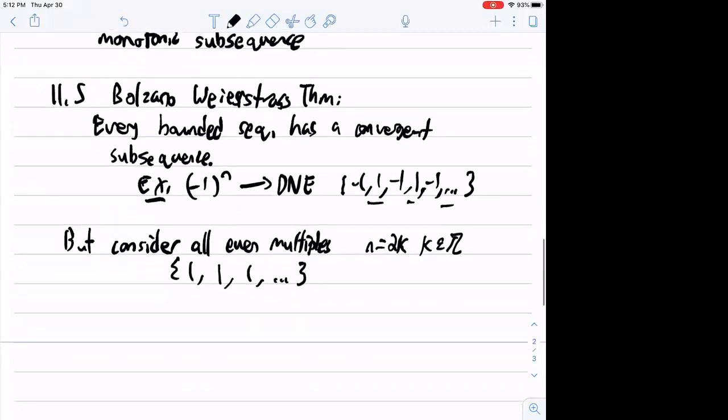So this is an example of my sequence S_{n_k}, where n1 is 2, n2 is 4, n3 is 6, and so on and so forth, right?